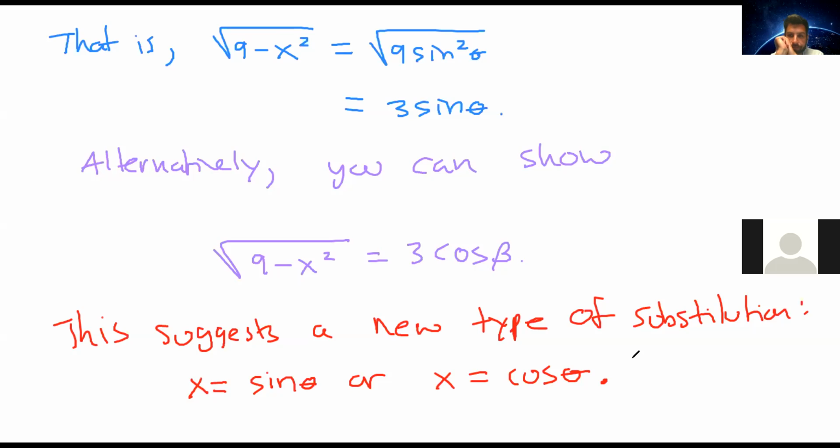Does anybody have a question? So it turns out this is legal. And let's see exactly how it might work.